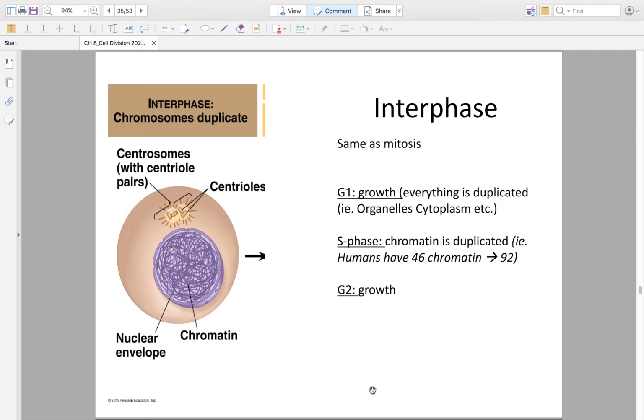So the very beginning is the same as mitosis. Interphase. Every cell that's going through cell division is going to have to go through interphase. So that means G1, everything's going to be duplicated, the organelles, the cytoplasm, the plasma membrane. The S phase, all of the chromosomes are duplicated, and then G2.